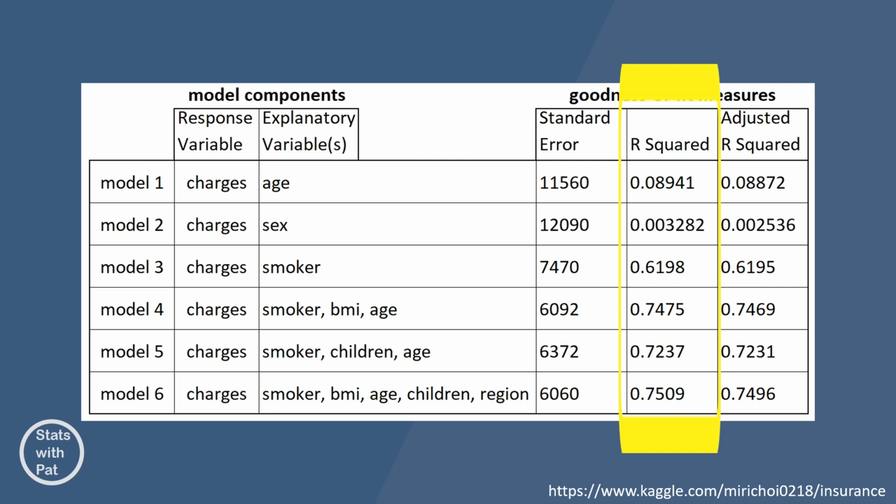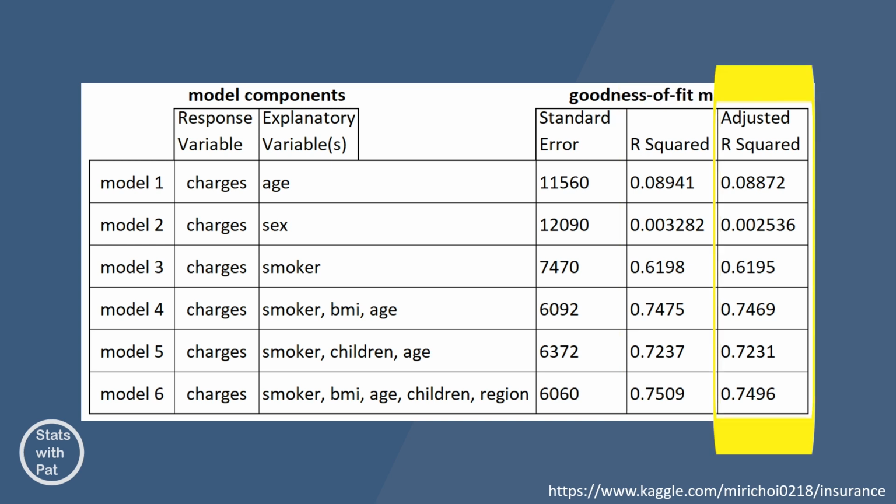But there are other situations where even a 0.9 R squared statistic may not be very impressive if it is for a model where the response variable is really easy to predict. So you really need to be aware of the context of the data you are analyzing to know whether or not your R squared is particularly good. But it is always helpful to use as a comparison tool between models, just as the standard error was.